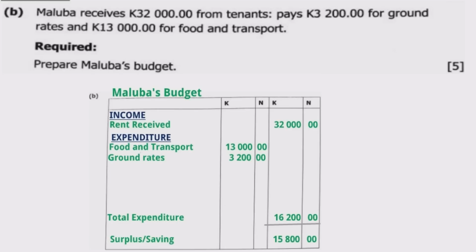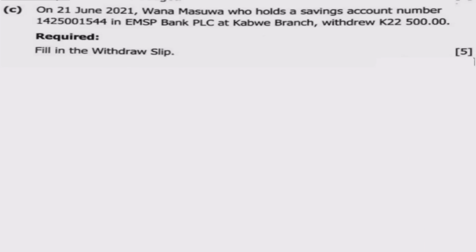Otherwise, that's how you prepare a budget. Question 3C was as follows.